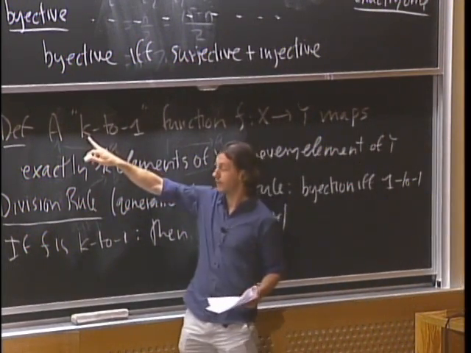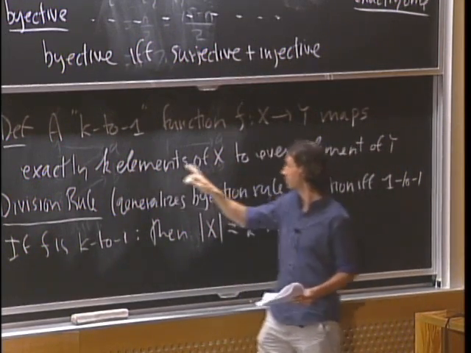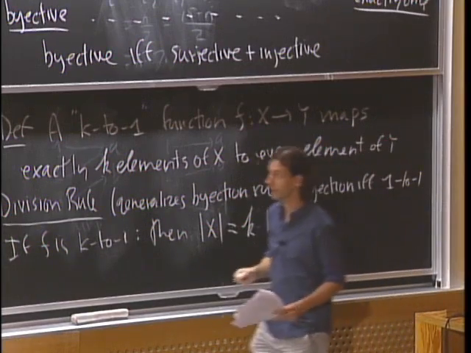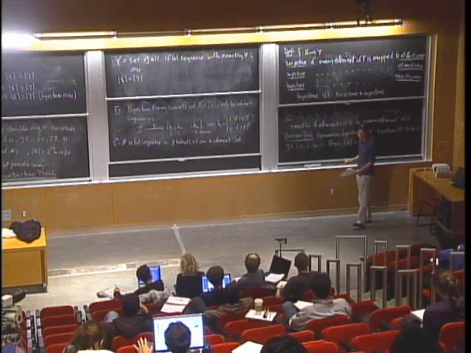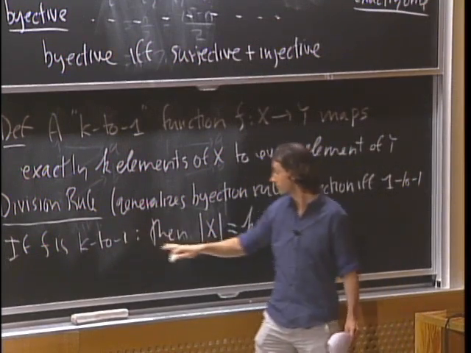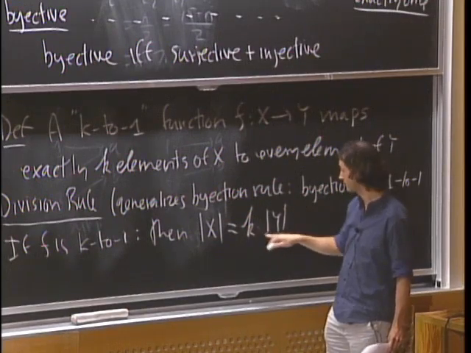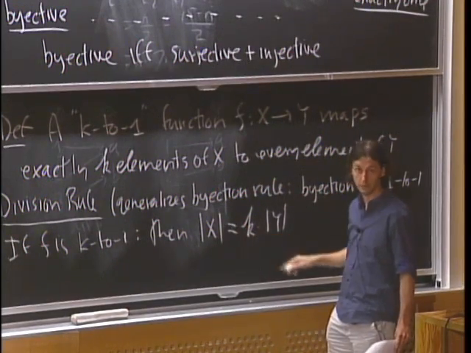So if you replace k by 1, we have that exactly one element of x is mapped to every element in y, and that's the definition of a bijection. And the bijection rule says that if you have a bijection, then the cardinality of the domain is equal to the cardinality of the range, so for k equals 1 here.